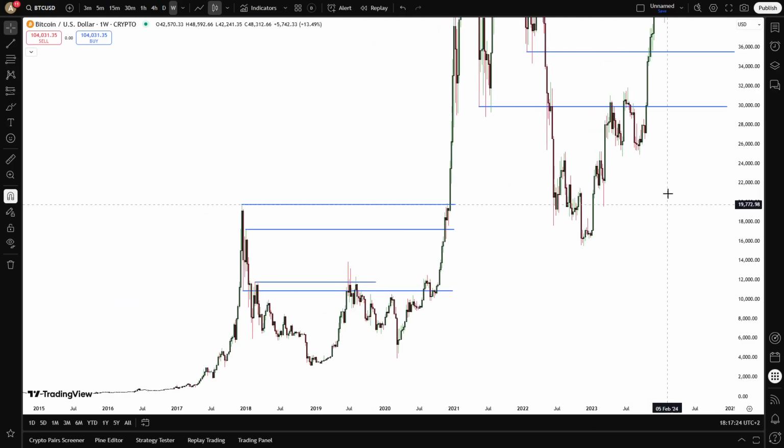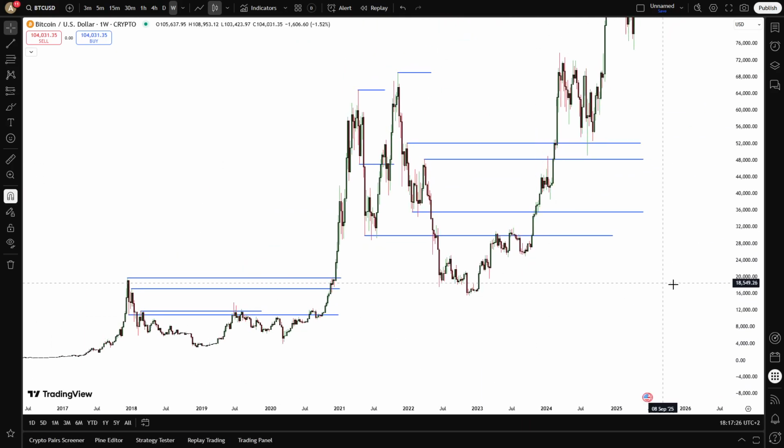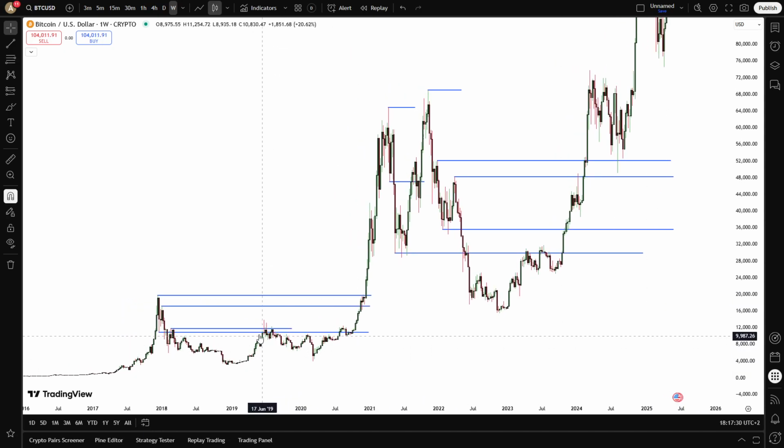We get the exact same reactions. See how we consolidate below these? The moment we really flip this and started breaking, we start moving up. Where do you get your first real resistance? Your previous all-time high. You start jumping again, and you break it, and you move up again.